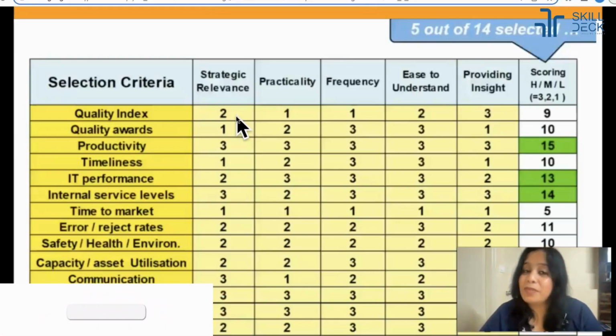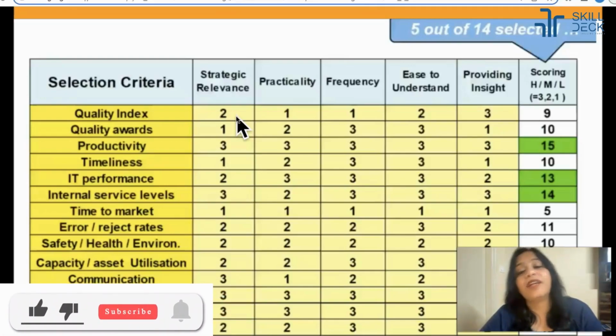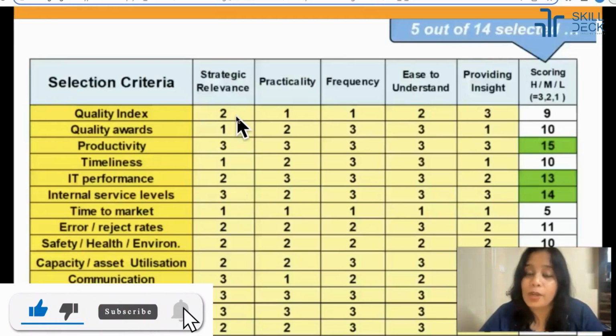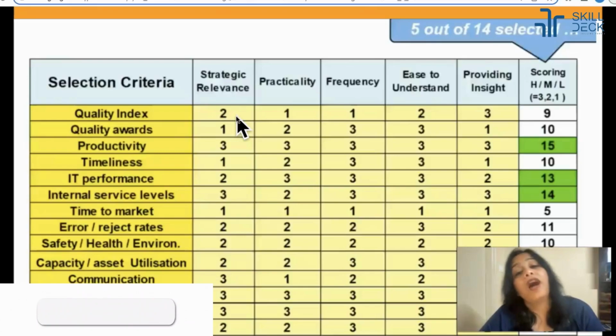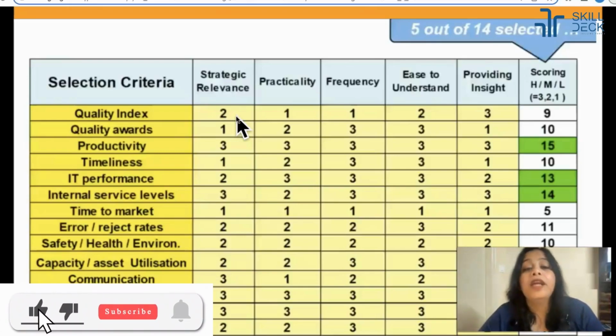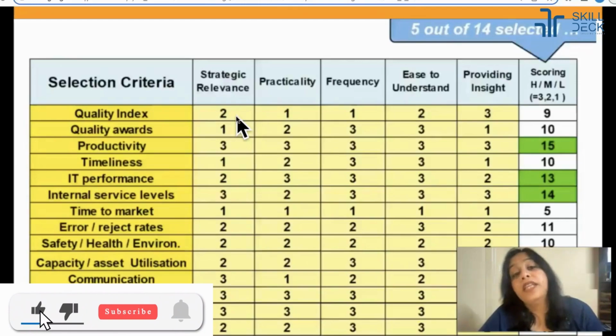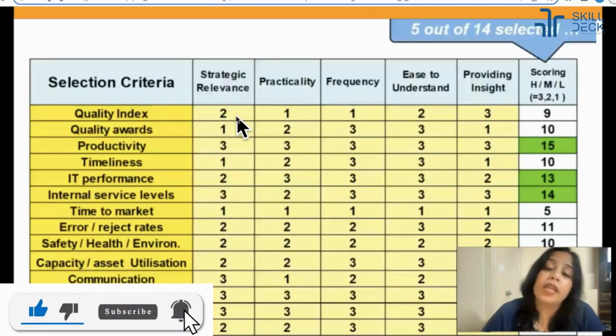So let me recap once again what we have learned. Yesterday we learned how to set the objectives. Today, how to select the KPIs. KPIs are of various types, but today we learned about lead KPI and lag KPI. Lead means that which is leading towards the process, and lag means the final outcome.